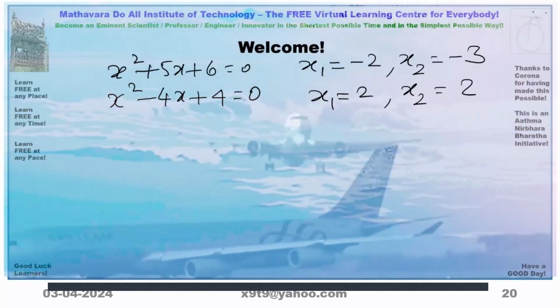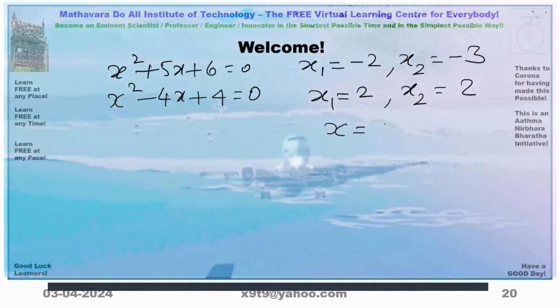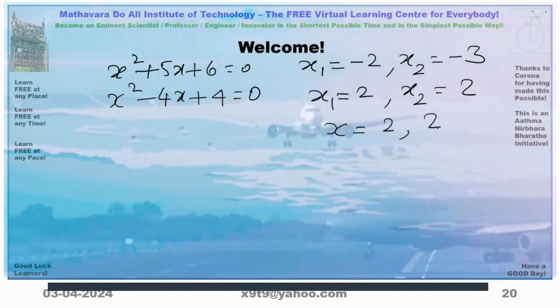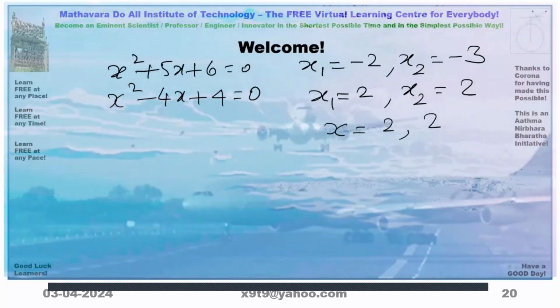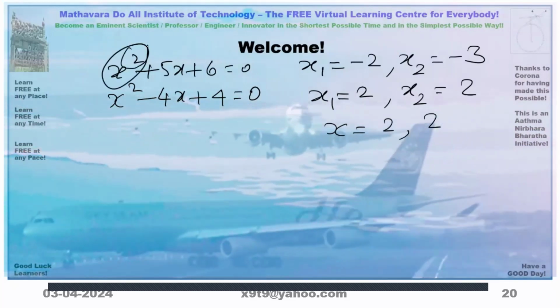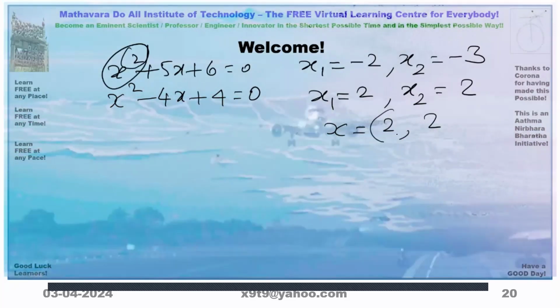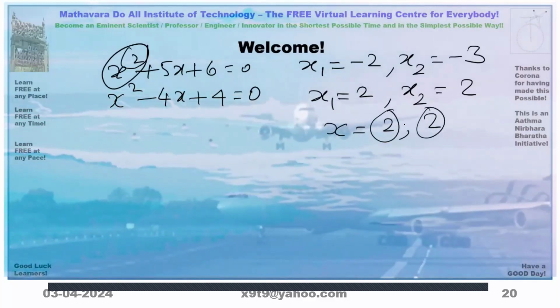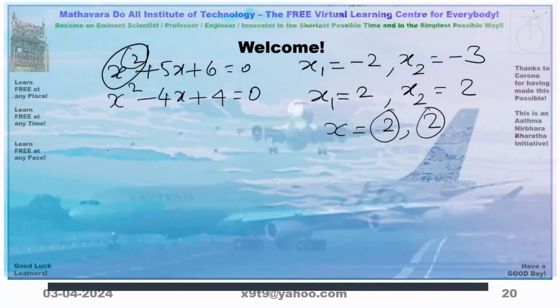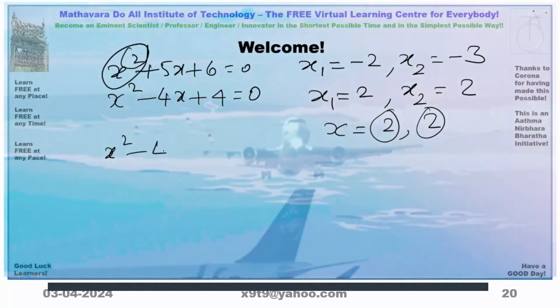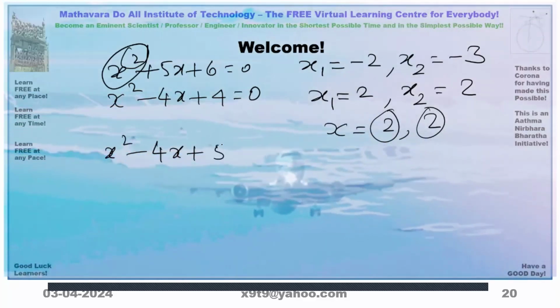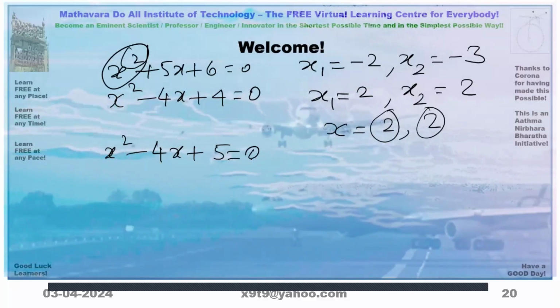So we don't have to write x1, x2. We'll write x is equal to 2, 2. They are repeated. So if the square quadratic equation we are taking, they are repeated twice. So here it is a real number. 2 is a real number. It repeats twice. The third one was x square minus 4x plus 5 equal to 0.